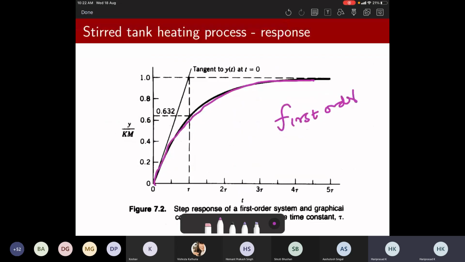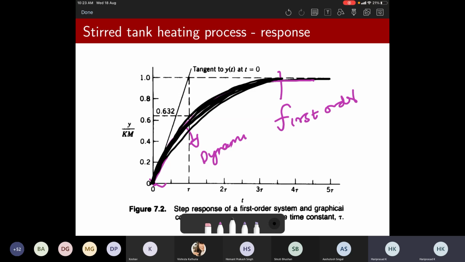So this is a typical example. Up till here, this is all dynamic, you see. So this regime, let me mark it black. Fine.